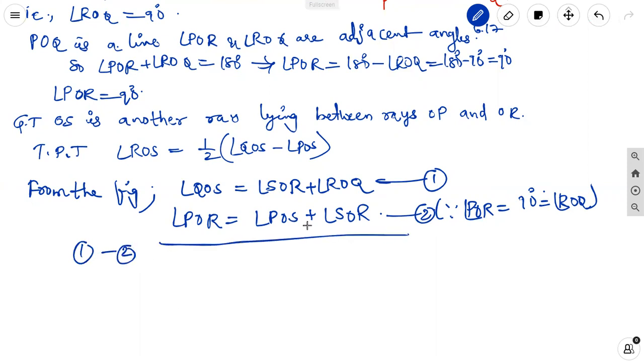From this, angle SOR minus angle SOR gets cancelled. Angle QOS minus angle POR equal to angle ROQ minus angle POS.